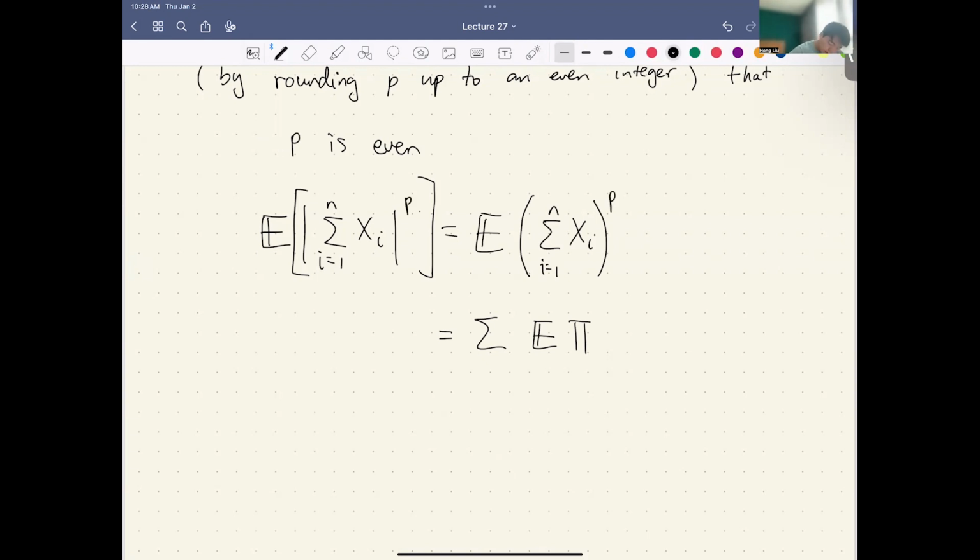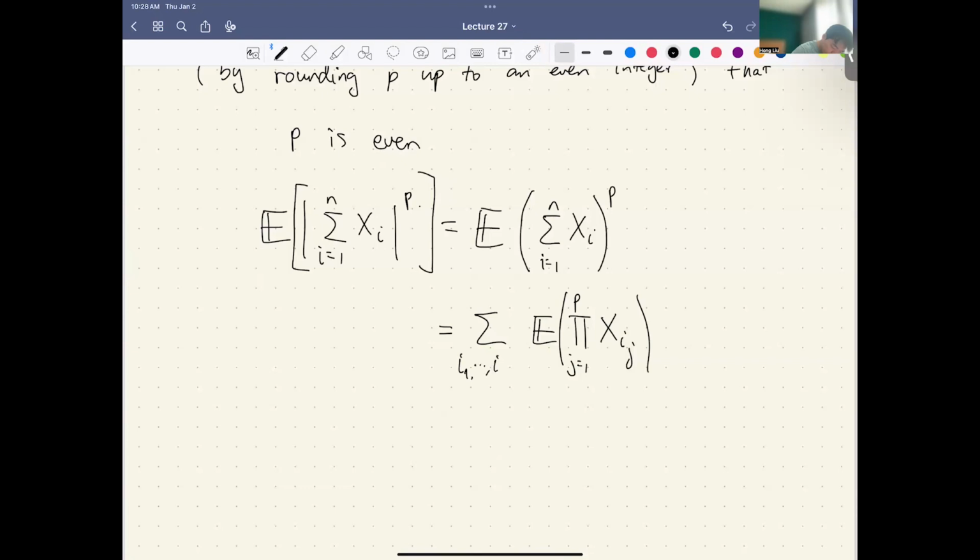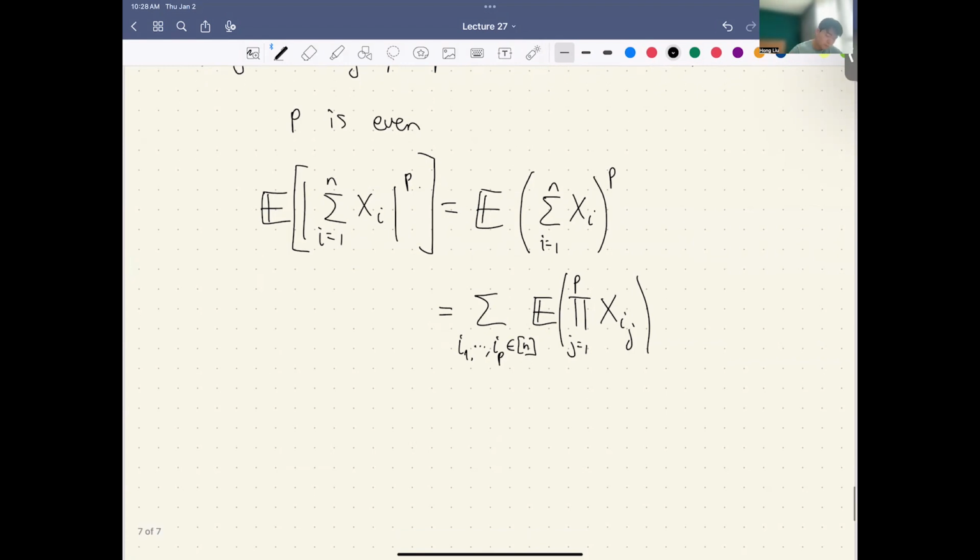the product of x_{i_j}, j from 1 to p, where you have i_1 to i_p ranging over all possible choices of p-tuple indices, each index ranging over 1 to n, just expanded. Now, what's important is, if you look at each term of this summand, what do we know?